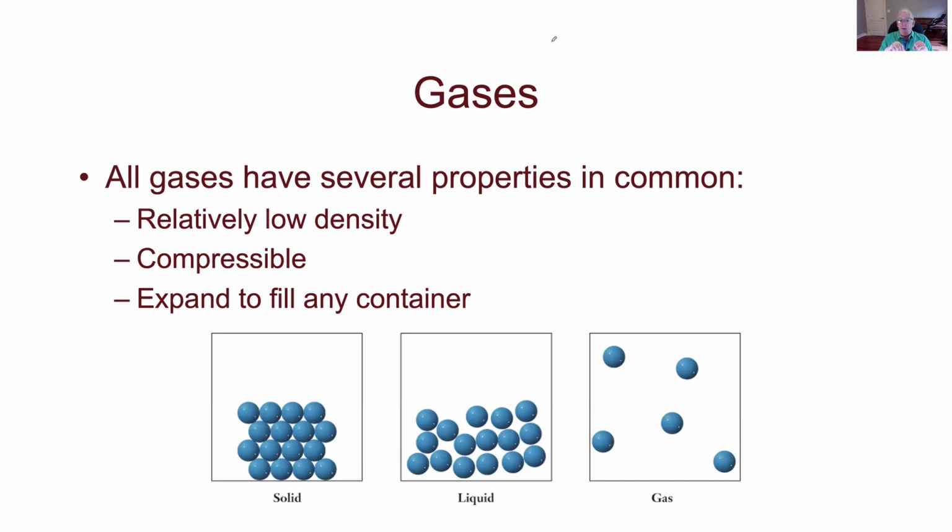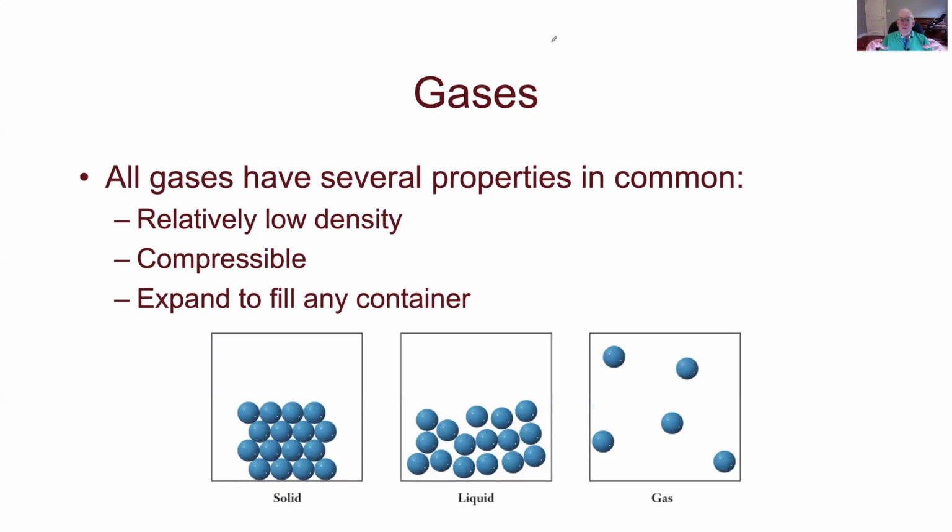A gas, on the other hand, has molecules or atoms that are very, very far apart from one another, right? Even that drawing there is kind of exaggerating how close together the molecules would be. In most gases, the space between two molecules is very much larger than the size of any one molecule. Okay, and that explains a lot of the properties we're talking about here, right? It's a low density because the same mass takes up more space if the atoms or molecules are that much farther apart.